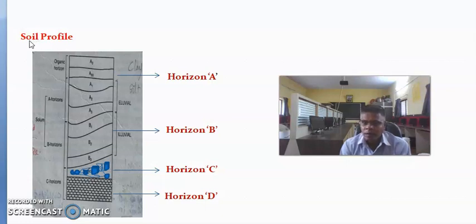So in alluvial soils the soil profile is always absent. This point should be carefully studied.